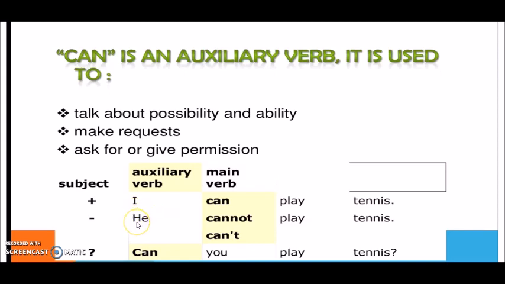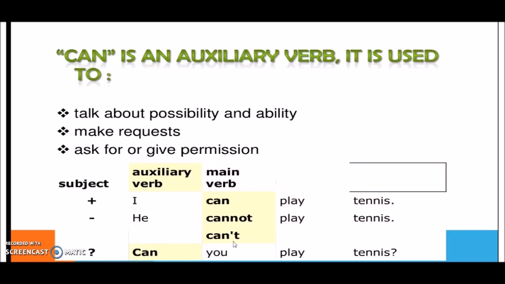This is important. With the third person, you don't add the s as in present simple. This is not like in present simple. So it's not cans or cannots, just can't or cannot, depending on the sentence.